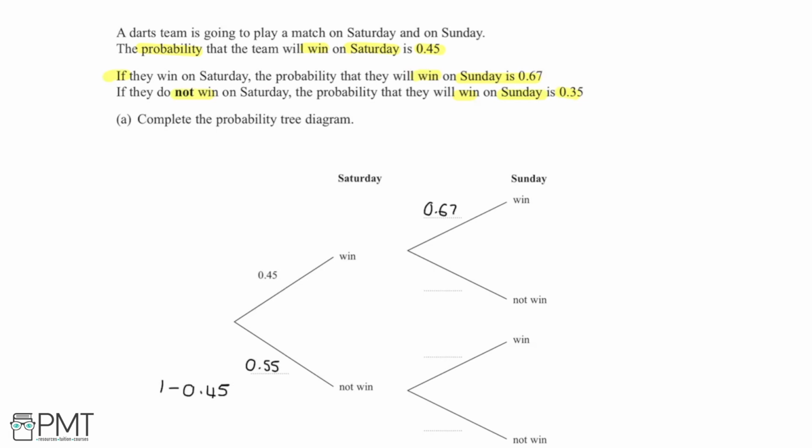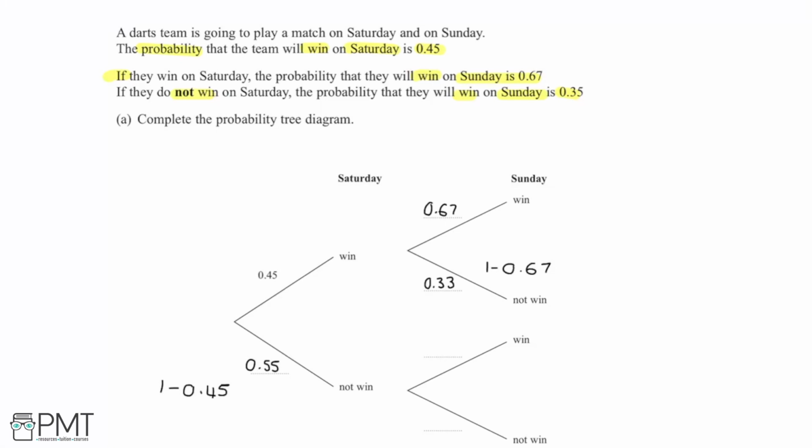And then similarly again, the probability of them either winning or not winning after having won on Saturday, these two probabilities in this section have to sum to 1, again, because those are the only two outcomes that can happen on Sunday. So 1 minus 0.67 is going to give us an answer here of 0.33.